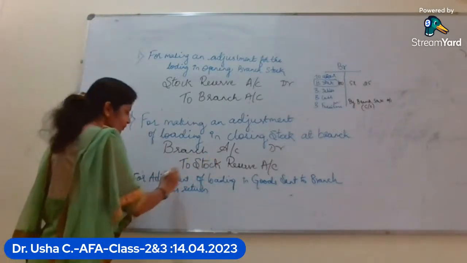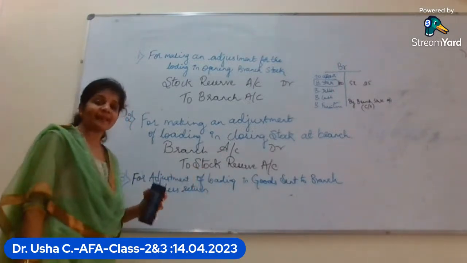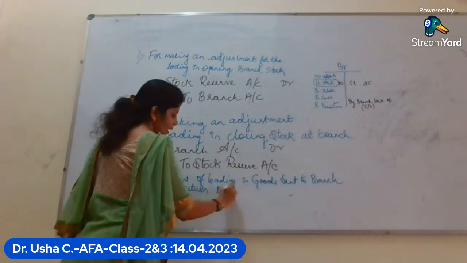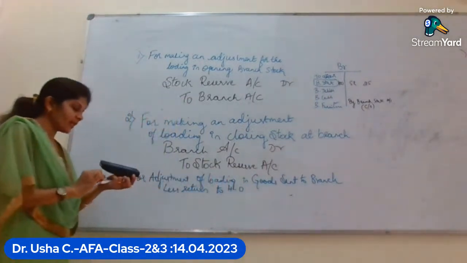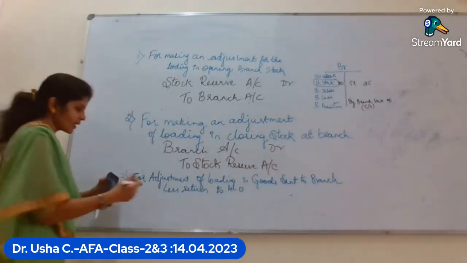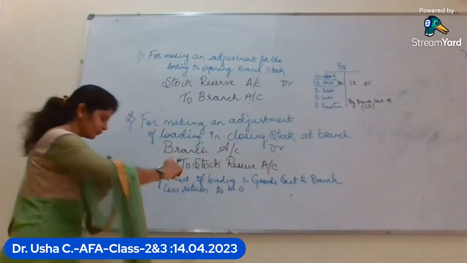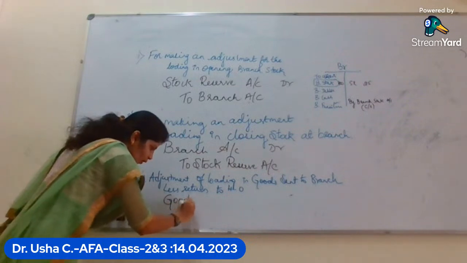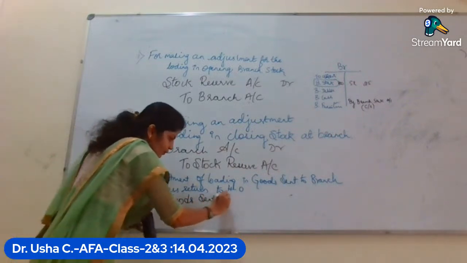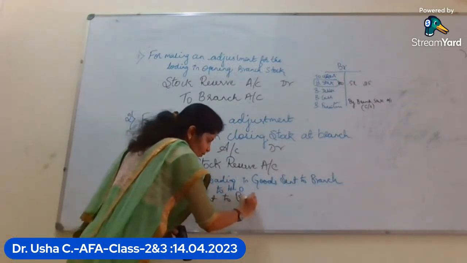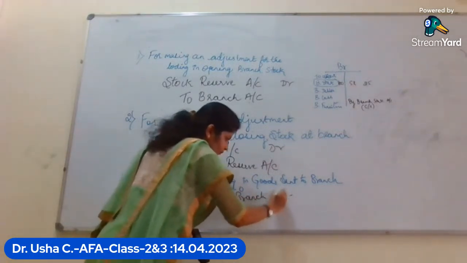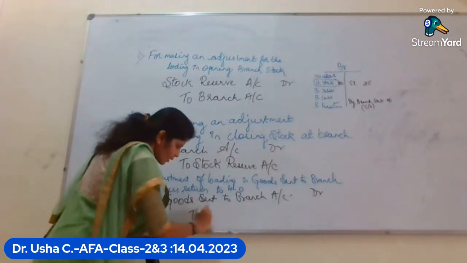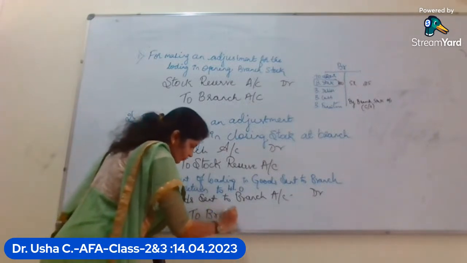Now, for adjustment of loading in goods sent to branch less returns to the head office, the journal entry for this is goods sent to branch account debit to branch account.